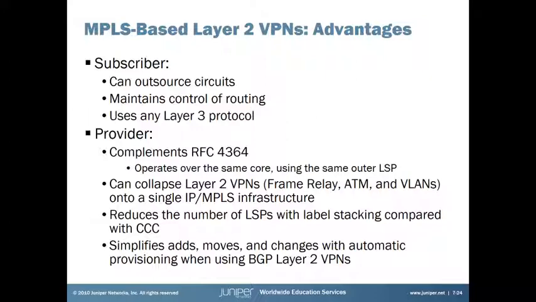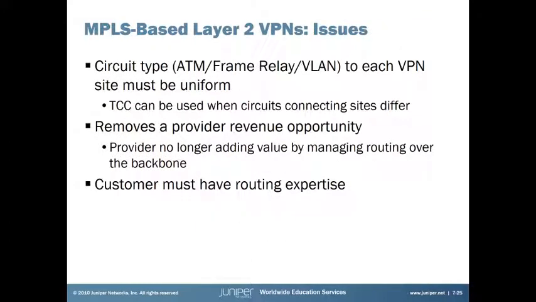They can outsource their circuits, maintain control of their own routing, and they can use any layer 3 protocol. And to the provider, it's just an extra service that they get to provide, and they can leverage their own core network capabilities to provide that particular service. That's the main points there.